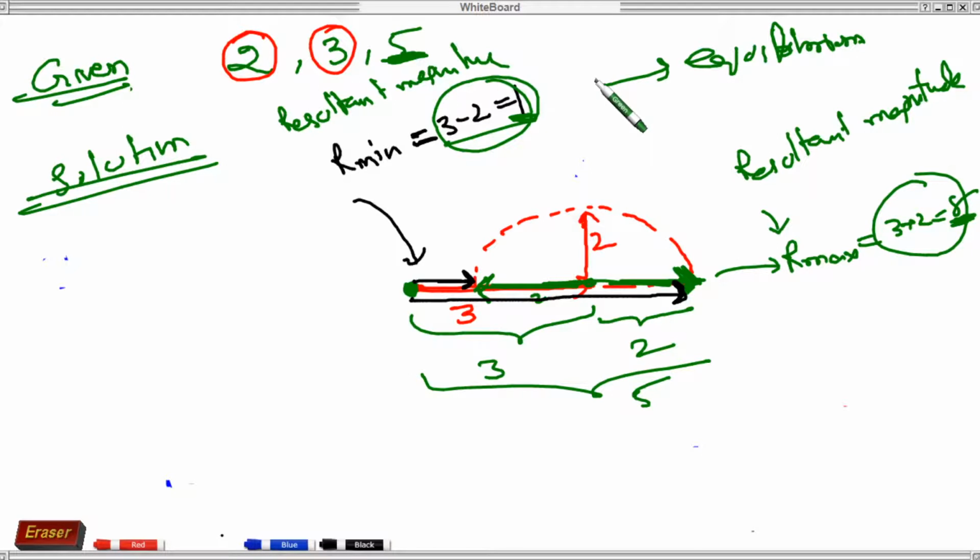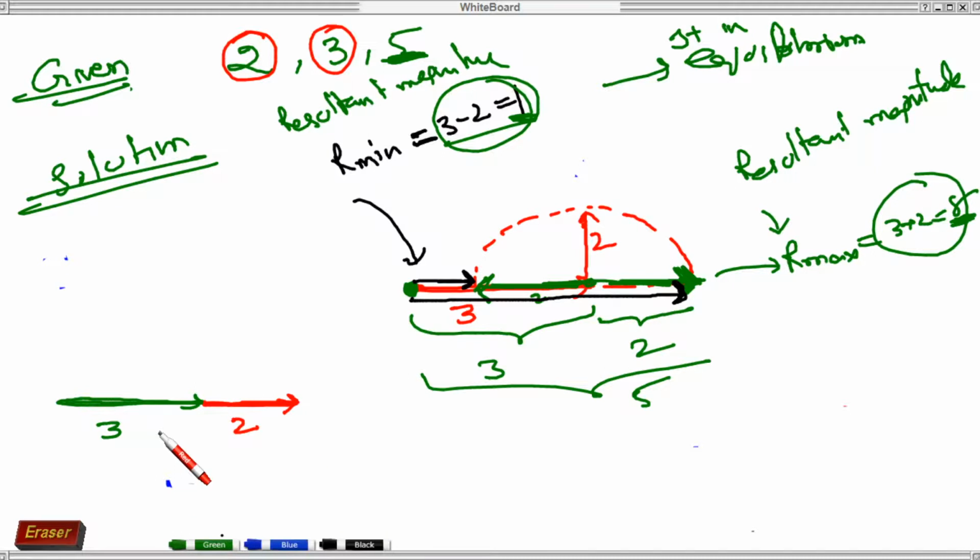Okay, so these three vectors are in equilibrium. If I draw a neat diagram of this, if this is a vector of magnitude 3, this will be the second vector whose magnitude is 2.